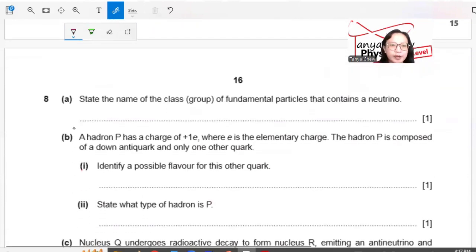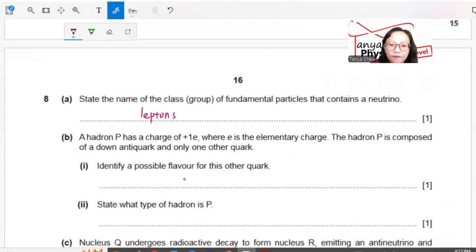Last question, question number 8(a), state the name of the class or group of the fundamental particles that contains a neutrino. Fundamental particles, that is leptons. (b) A hadron P has a charge of positive 1e, where e is the elementary charge. The hadron P is composed of a down antiquark and only one other quark.